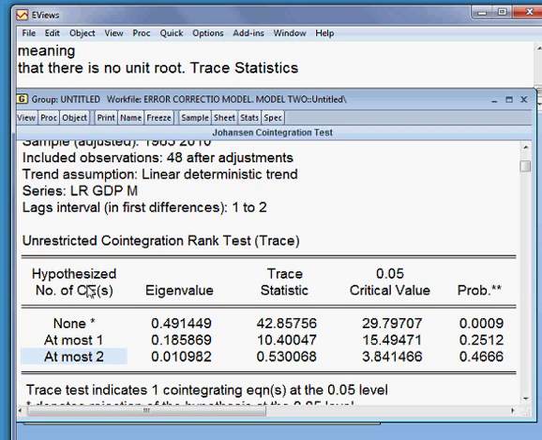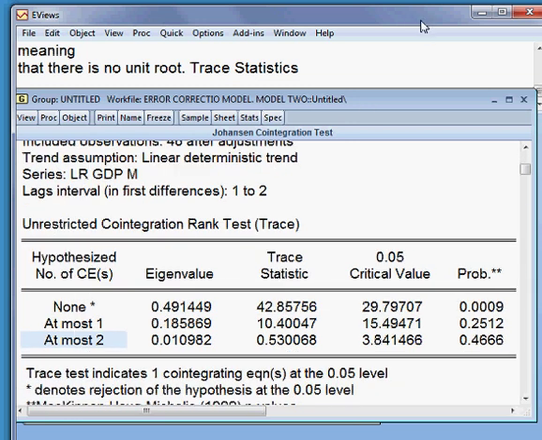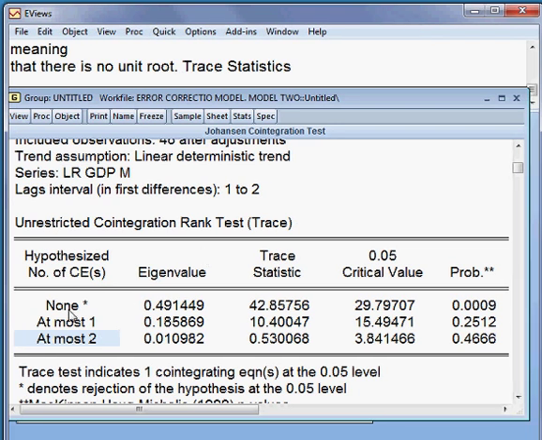The first hypothesis is this one. You can see hypothesized value none. None means there is no co-integration among the three variables. So that is the null hypothesis.